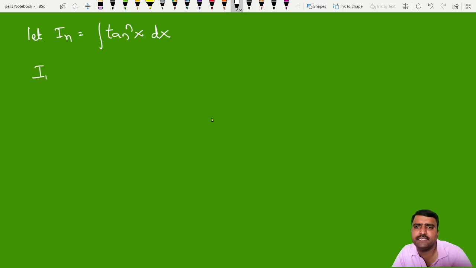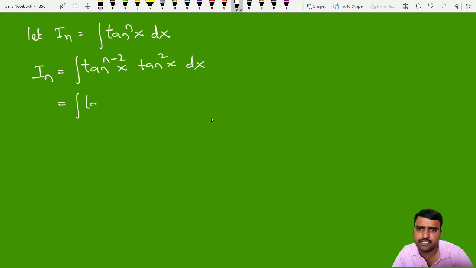To obtain its reduction formula, you write this tan to the power n x dx as integration of tan to the power n minus 2 x into tan square x into dx. Which is equal to integration of tan to the power n minus 2 x, and you write this tan square x as secant square x minus 1, into dx.